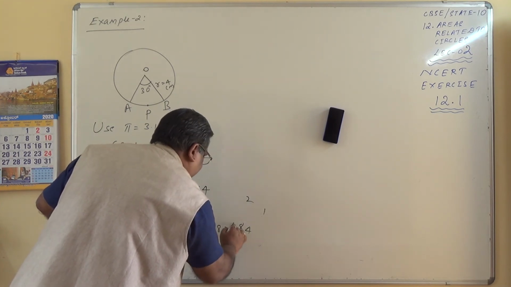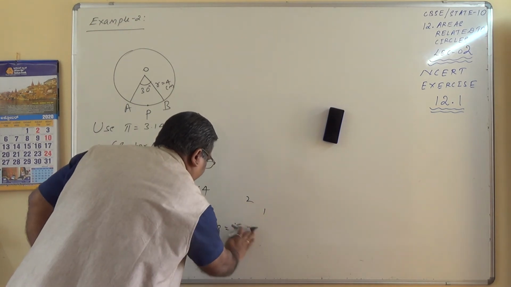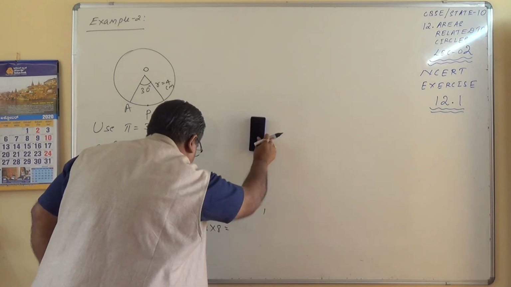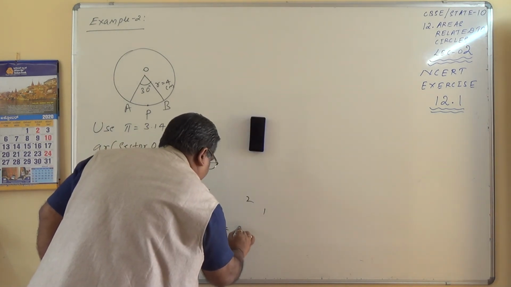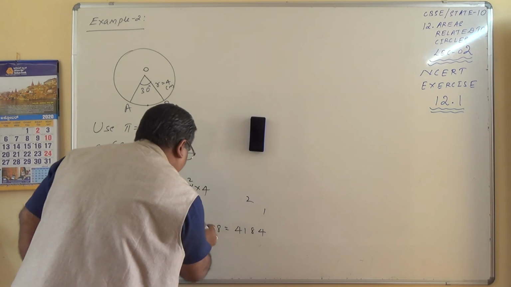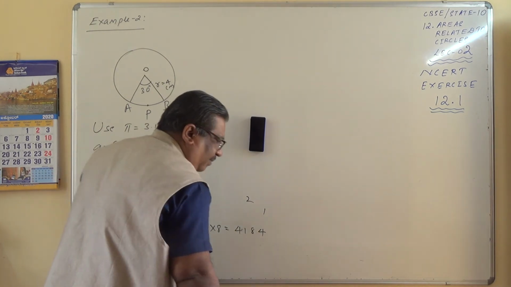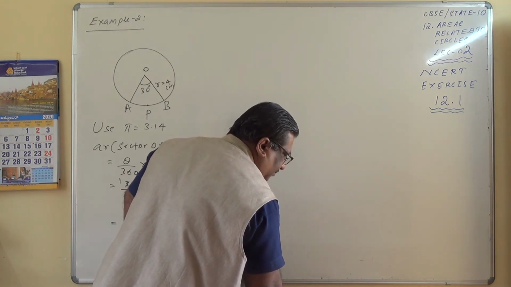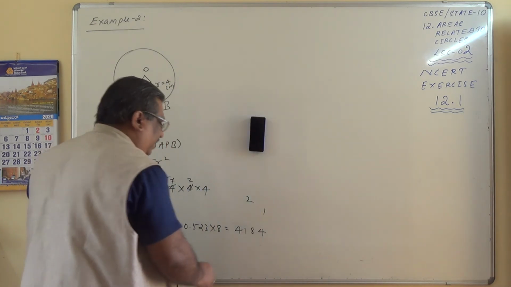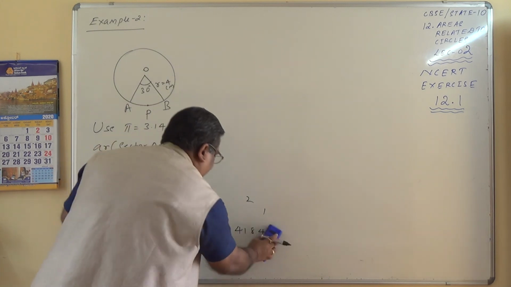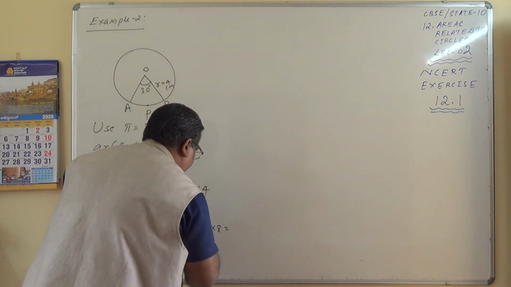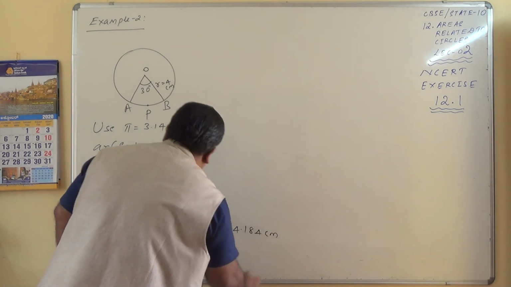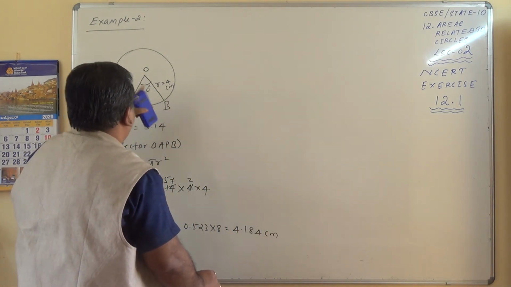I am getting approximately 4.184. It's okay, I can write this as 4.184 square centimeter, radius being 4 centimeter.